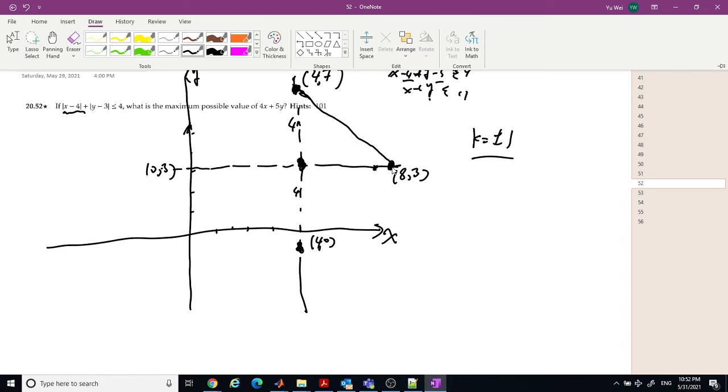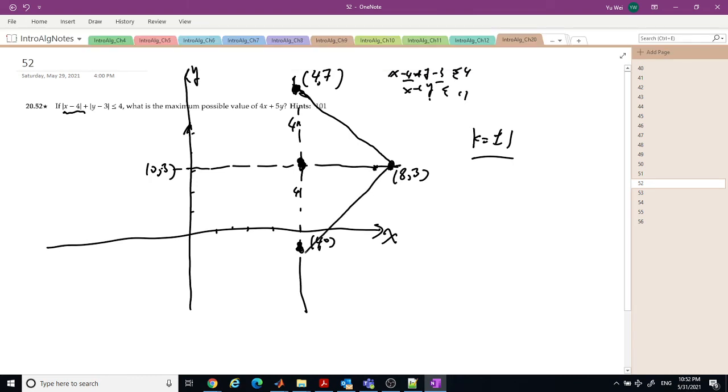So it should be like this. It's a square. So now the distance here is also 4, and this is the 4, and this is the 4. For the first one we need to be less than 11, so that's this area, so they constructed a square. ABCD is a square.